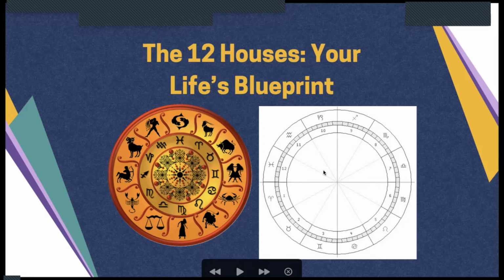You can also use the downloadable PDF that I have for you. Here you can see a chart that's filled out. These illustrations are going to represent the signs. And usually in these houses, you'll have planets, which we're going to cover next.